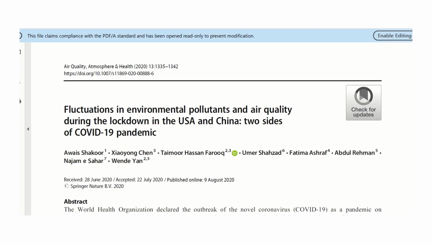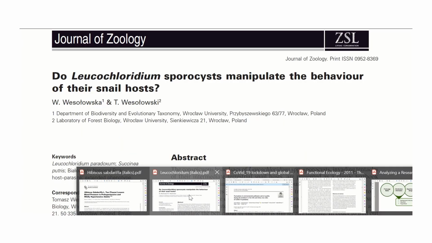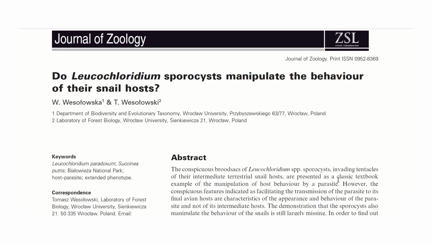Okay. Let me go to this one. So in this article, we can see it's about three things. Some kind of parasite called Leucochloridium sporocyst, some type of host that this parasite parasitizes, and the hosts are snails.